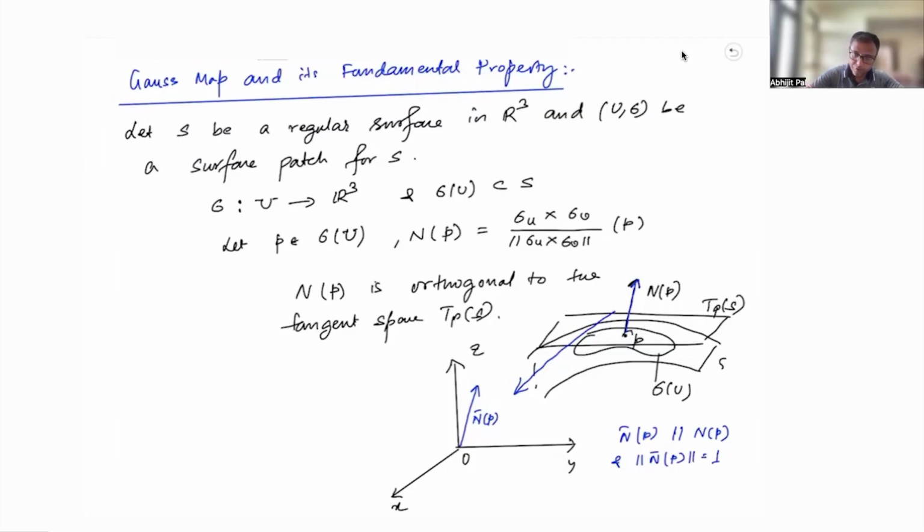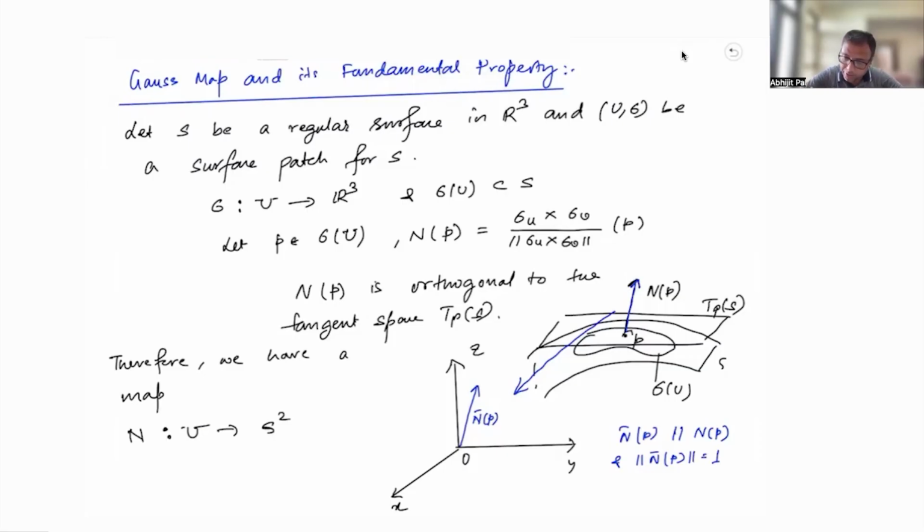Okay, so therefore we have a map N from this U to the unit sphere.